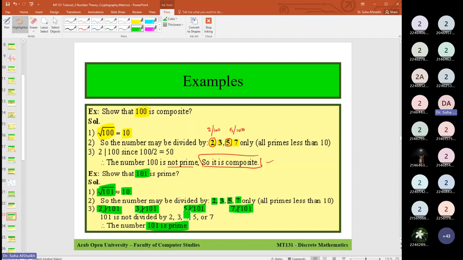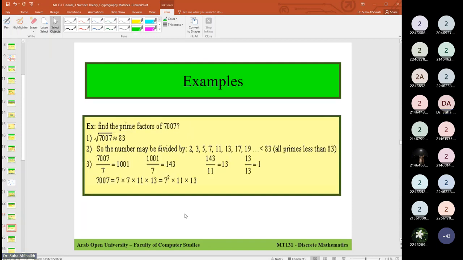Any questions? One more example. We have 7,007. Now, for 7,007, if we list all the primes that we have, 13, 17, 19, and so on, the root of 7,007 is quite big here.